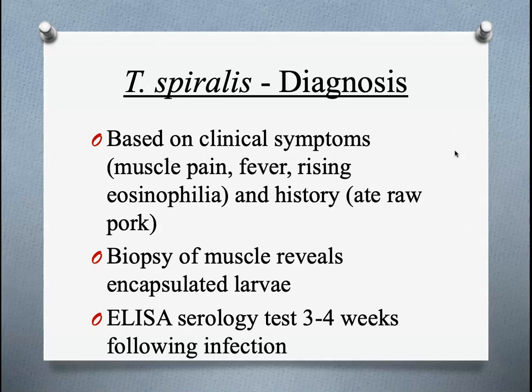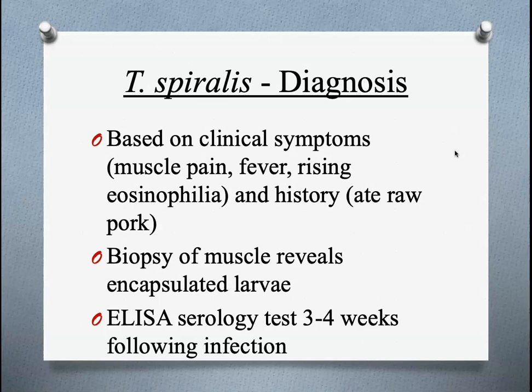So examples of these are increased lactate dehydrogenase and increased creatine phosphokinase, and anything associated with an intense inflammatory response, like an increased CRP or SED rate, something like that.